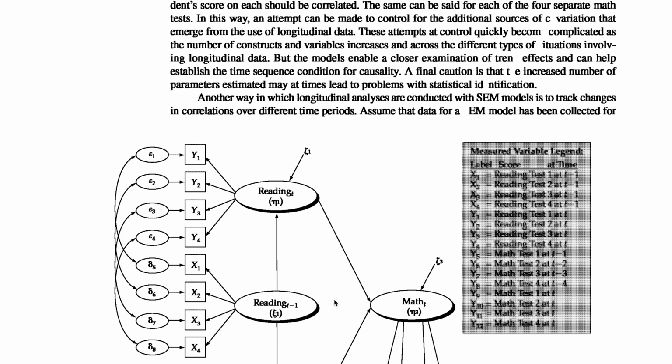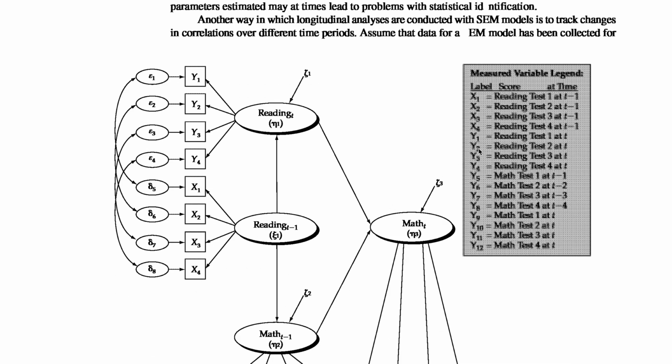Assume that data for the structural equation model has been collected for three time periods. This is the label score at each time. The reading tests are test 1 to test 4, and here is a math test.